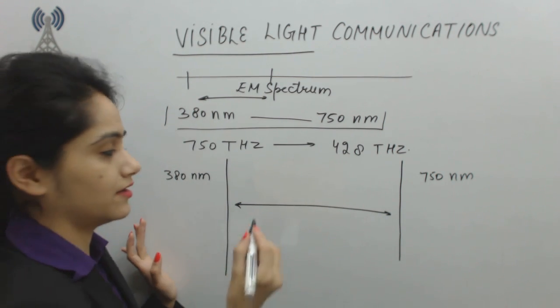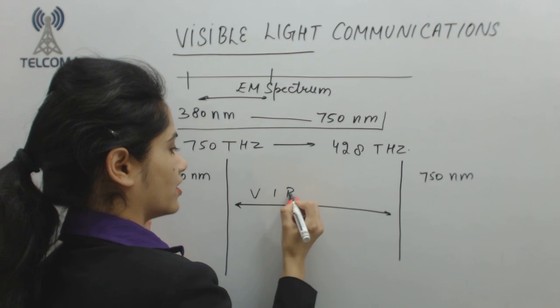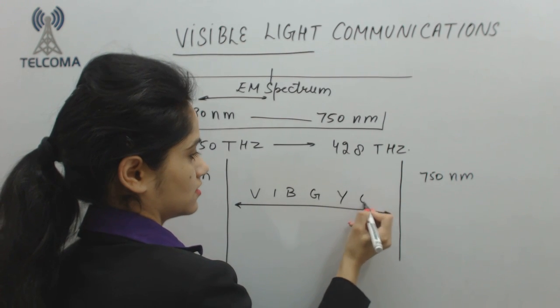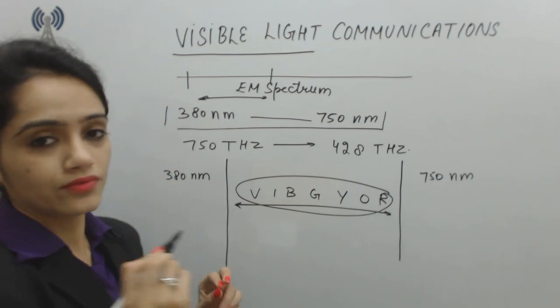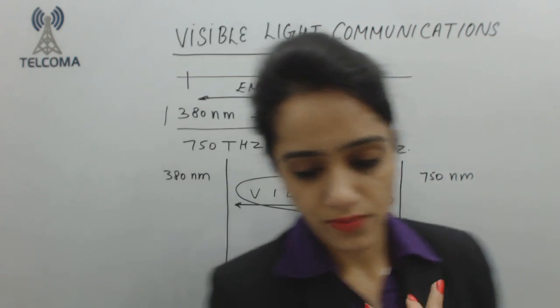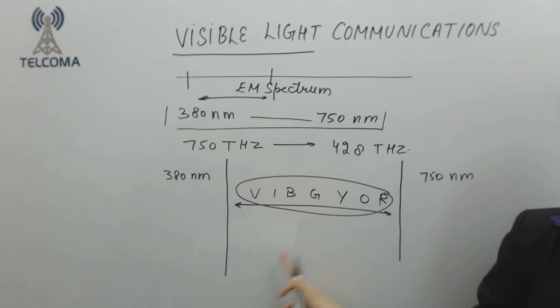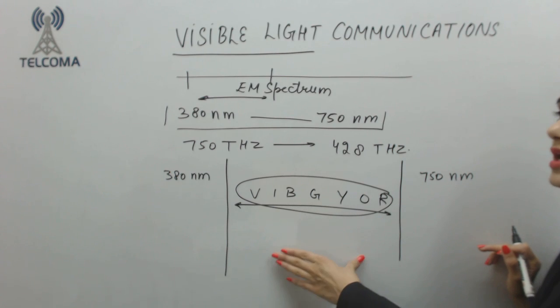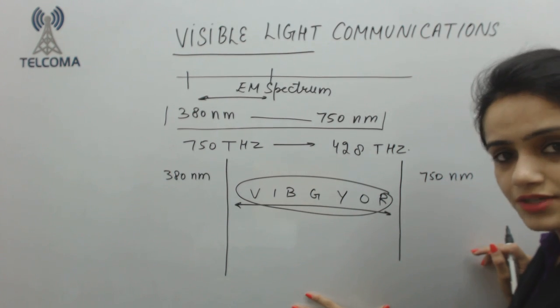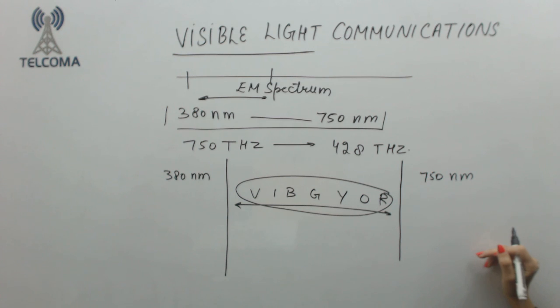We will communicate with this visible light spectrum. That means out of the electromagnetic spectrum, we will use visible light to communicate with one another.